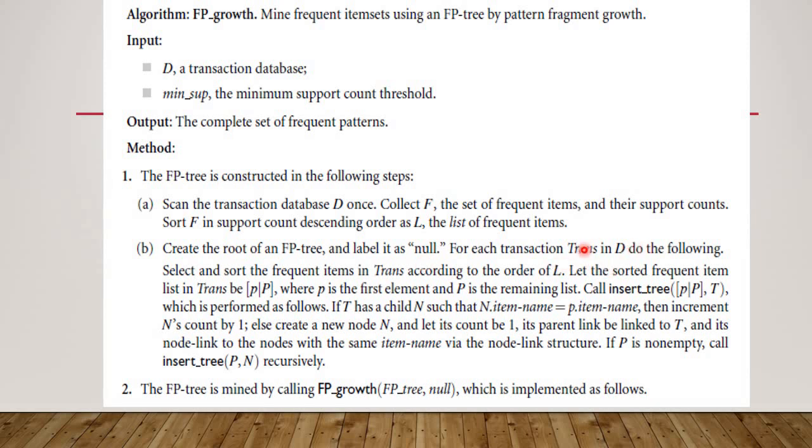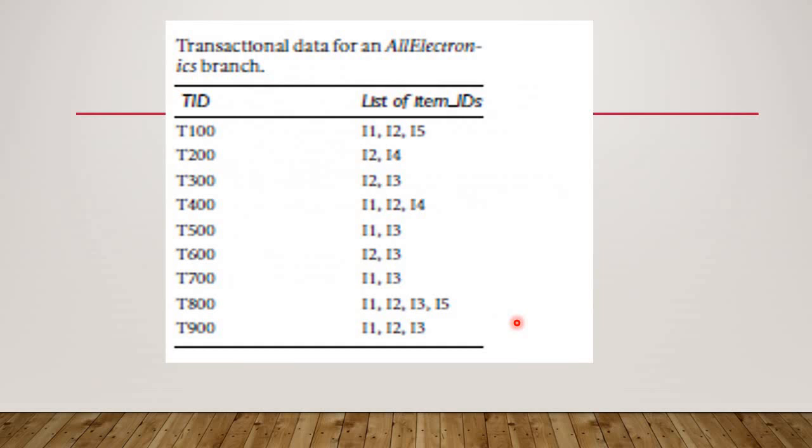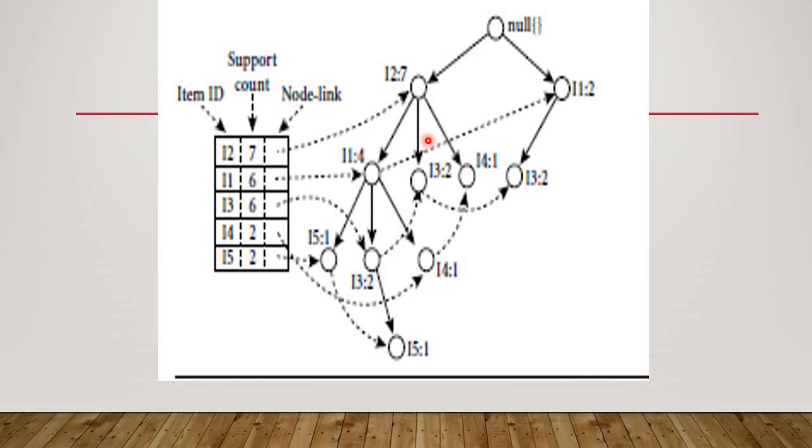We go on reading each transaction in the transactional database, and we call the insert tree function, which takes two parameters. One is the list of items which has been arranged in descending order. For example, the first transaction I1, I2, I5 has been arranged as I2, I1, I5.